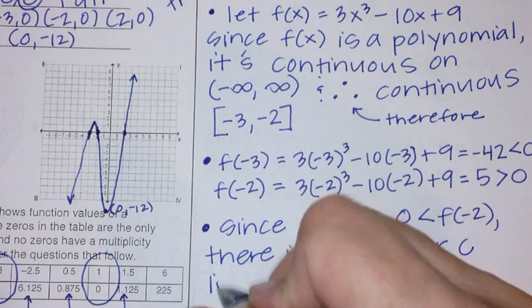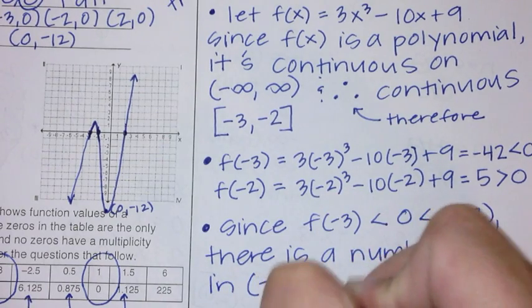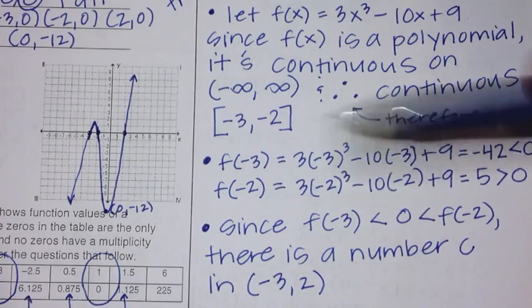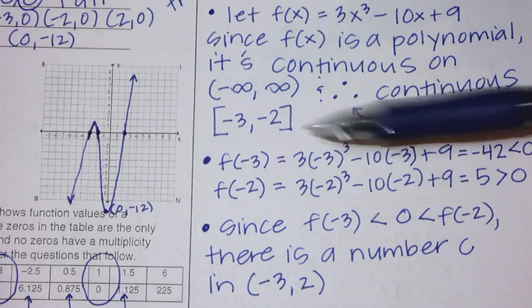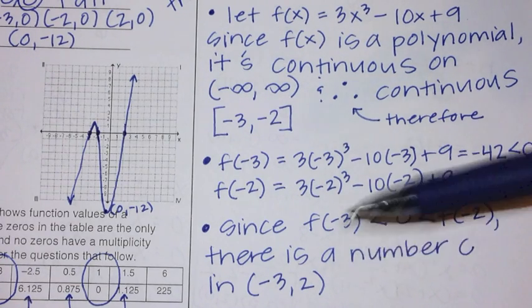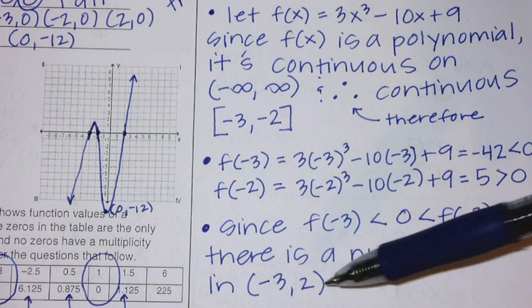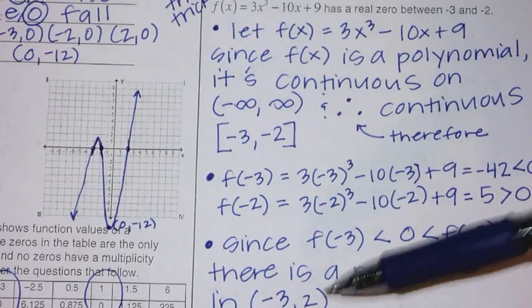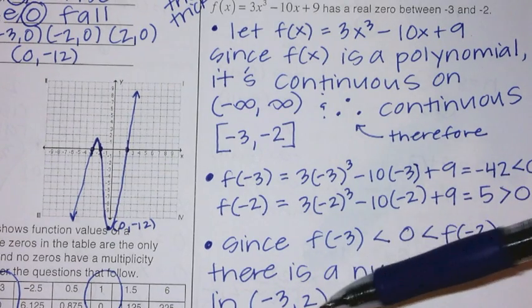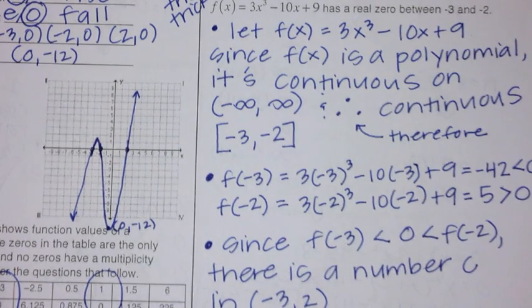in the interval from -3 to -2. Now you might be wondering, why the heck did we switch from brackets to parentheses here? Well, keep in mind this is called the intermediate value theorem, and we're also using the definition up above. The number can't equal -3 or -2 and be in the middle, like the intermediate number.